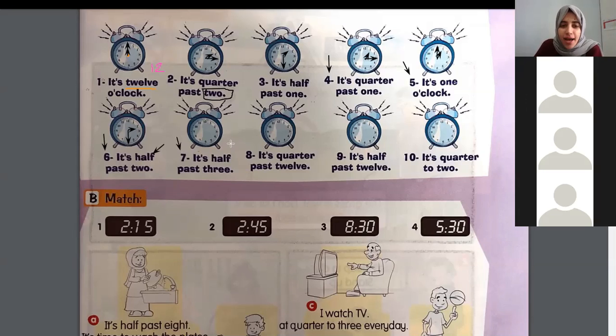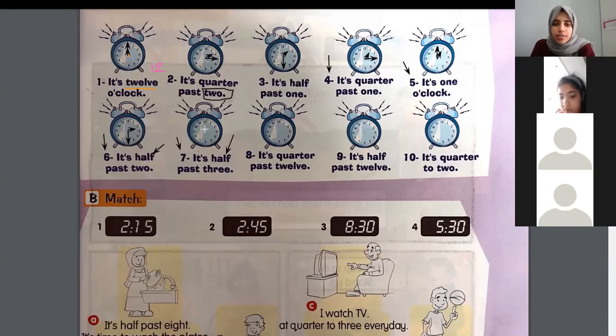It's half past 3. Again, I have half. Do you see the half? Okay, now I want to draw a long hand in the clock. Do I draw it at 6, 9, or 12, or 3? It's the same as Salam's question.